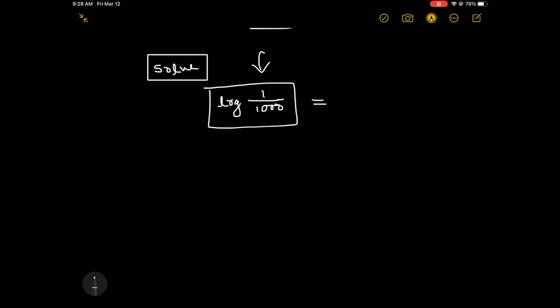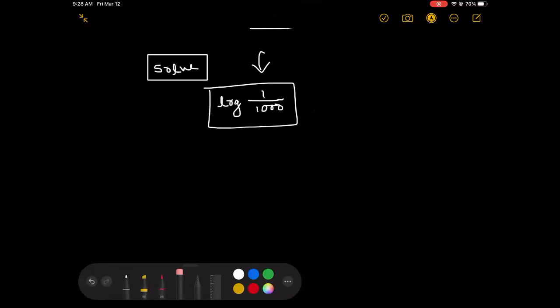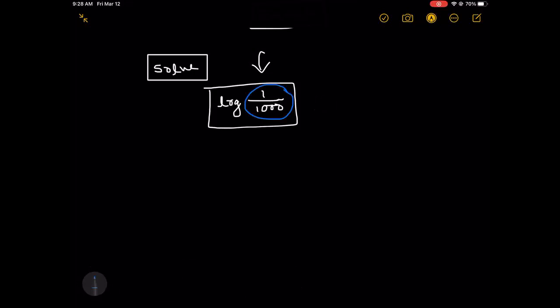And secondly, the key point, even though it was an equation, we wouldn't be allowed to divide by 1,000 here, because this log is working on this.